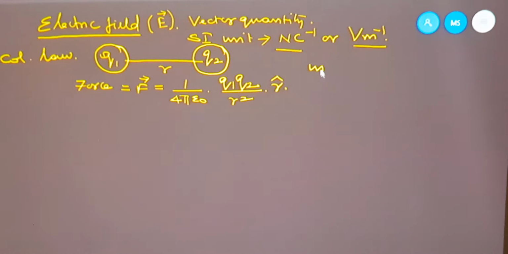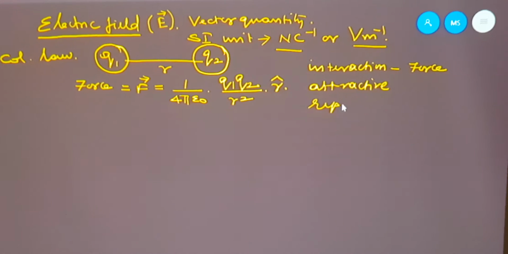That interaction, generally called force, may be either attractive or repulsive. We clearly know that they are repulsive if the charges are of the same nature, and attractive if they are of opposite nature.